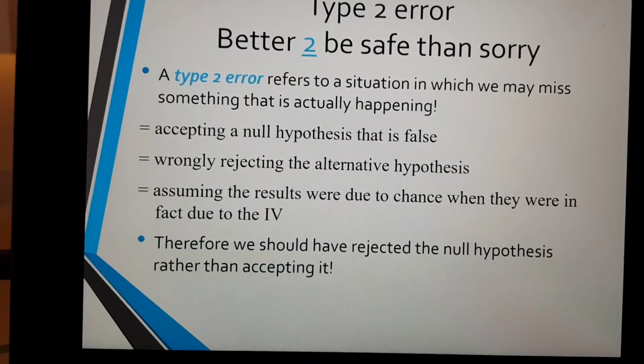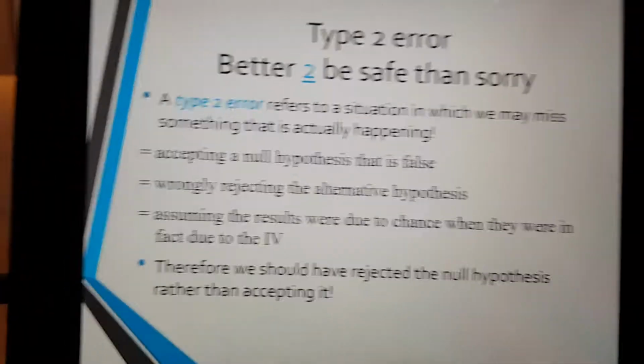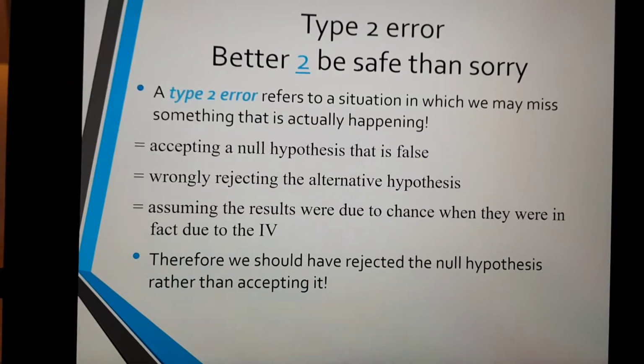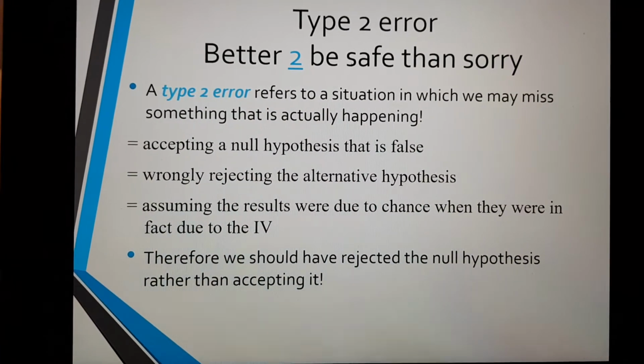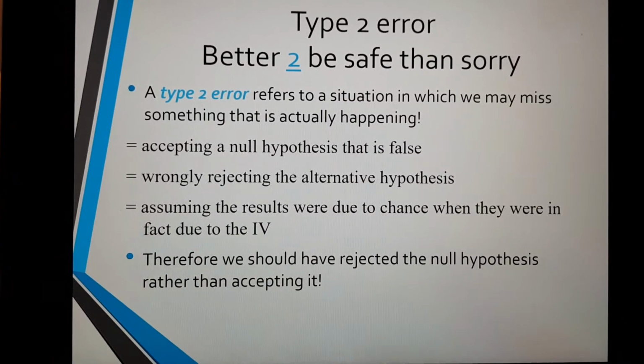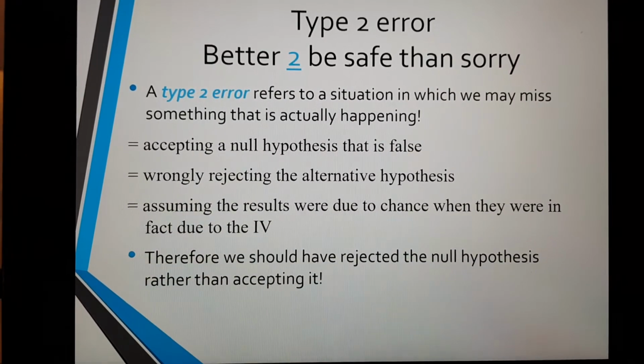And then type 2 is the opposite error. A way to remember this is to think of 2 and the phrase better to be safe than sorry, okay, which indicates that you're being cautious about something.